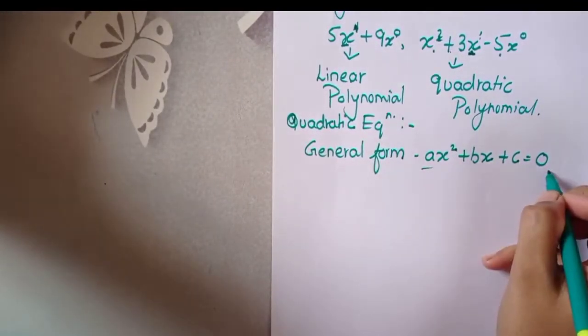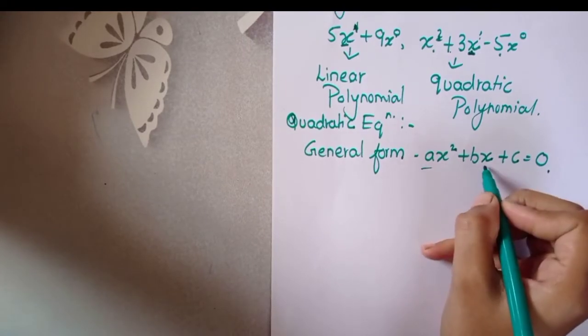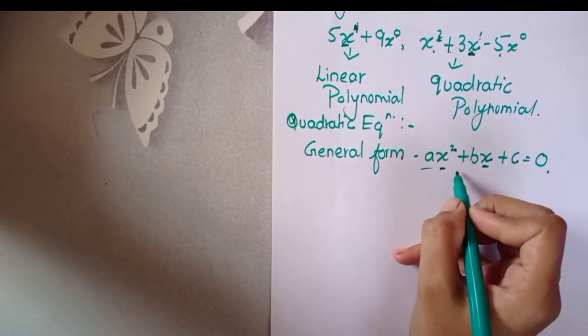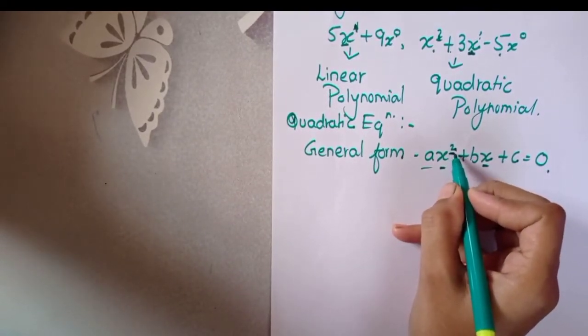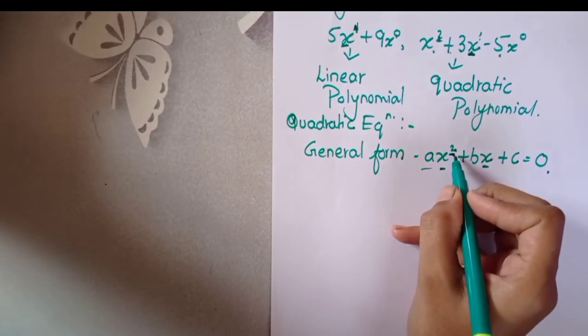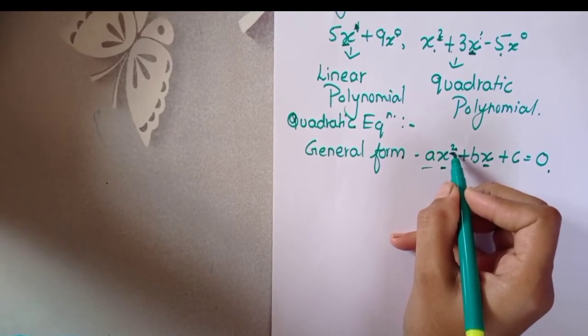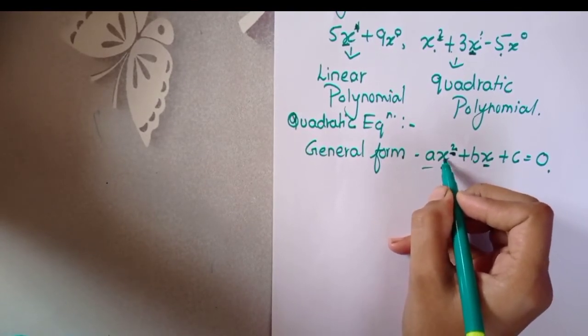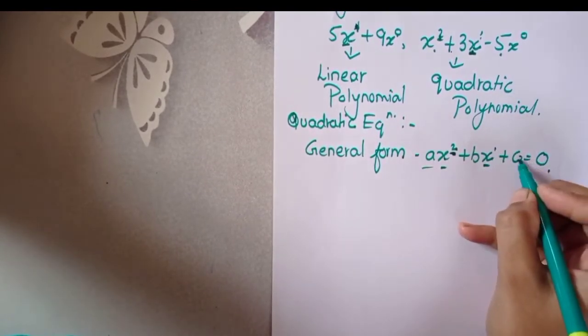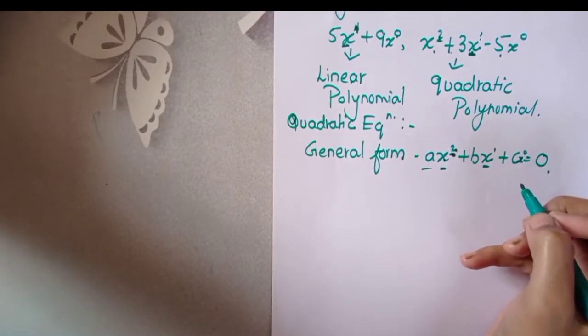This equation involves one variable, x, and has 2 as the maximum index of the variable. Here 2 is the maximum degree, here it is 1, and here x raised to 0.